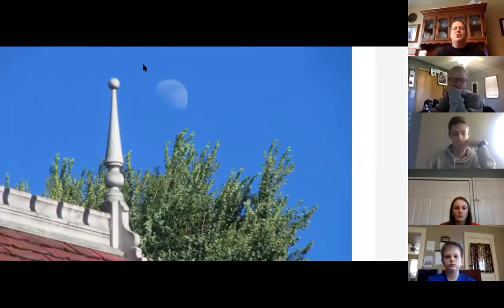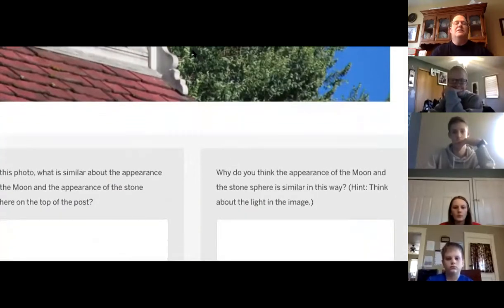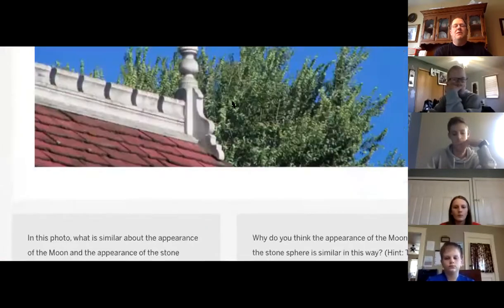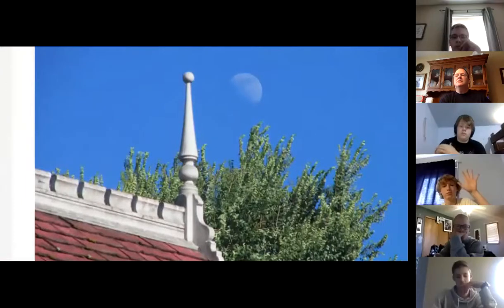So 2.1 shows us that picture, and then a couple of questions. It says, in this photo, what's similar about the appearance of the moon and the appearance of the stone sphere above the post? Braden?